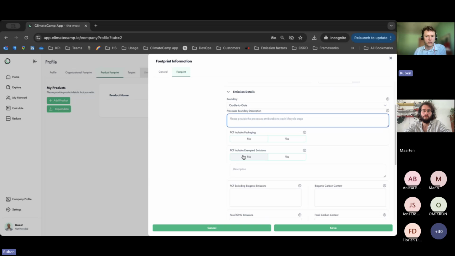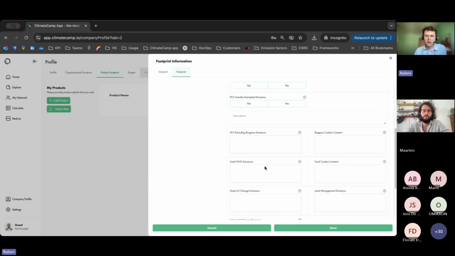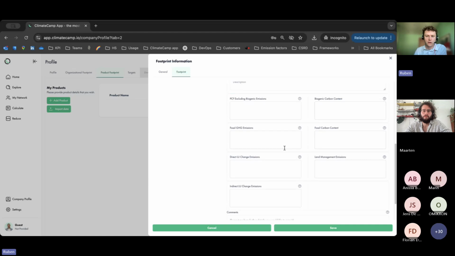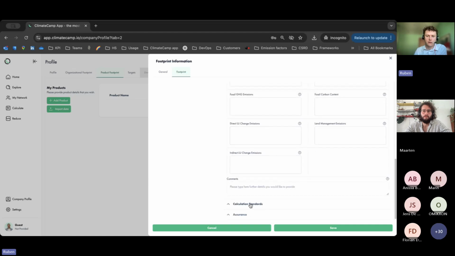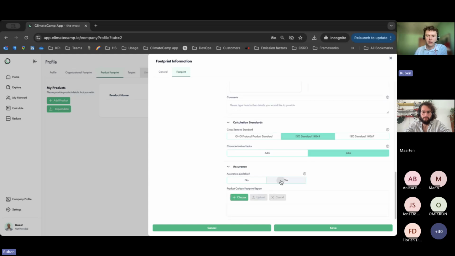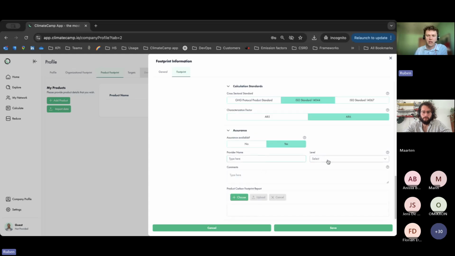If the PCF includes packaging, exempted emissions, a description, is there any flag-related emissions, biogenic emissions, biogenic carbon content, and so on, can be indicated. The calculated standards, so you will see here that it's possible to indicate that, and if there is a level of assurance provided, and if so, by whom and which kind of level of assurance has been provided. As you can see, there's quite a lot of data points that are being requested.